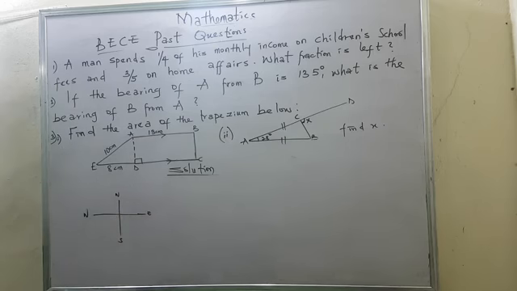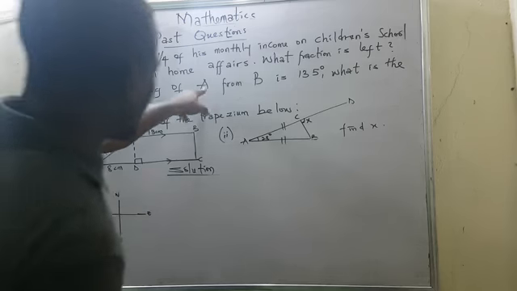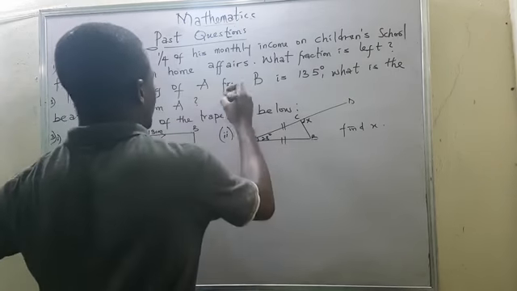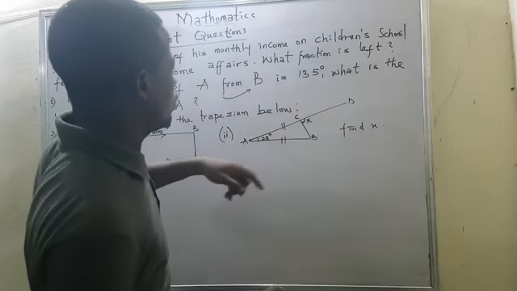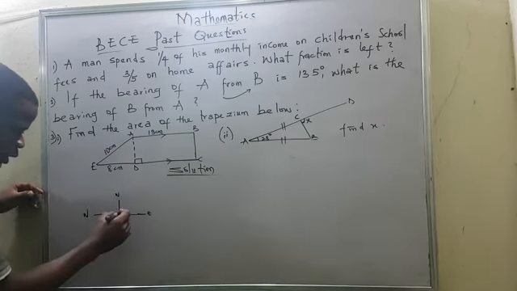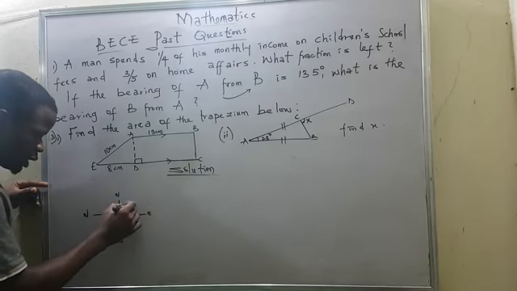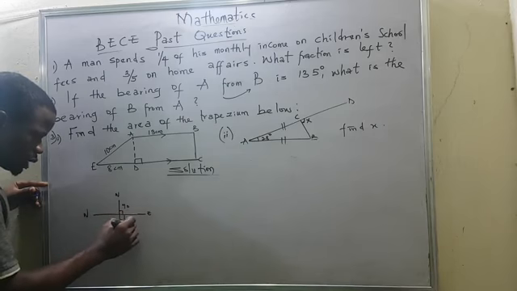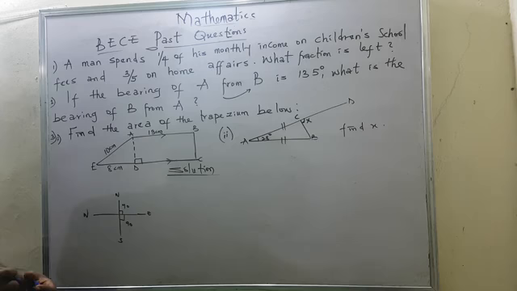Please manage this. Now they said the bearing of A from B is 135. This place is always 90. This is 90. This place is also 90. Each of these quadrants is 90.